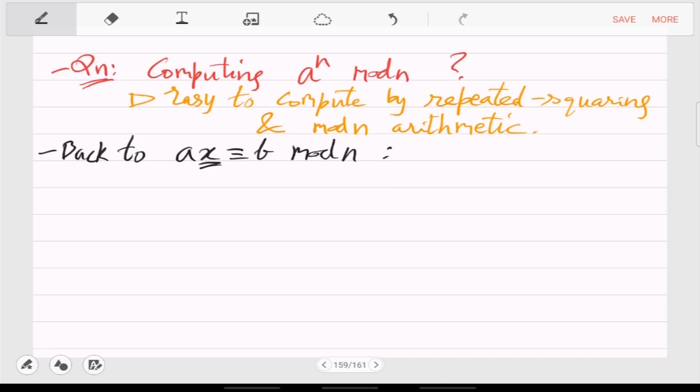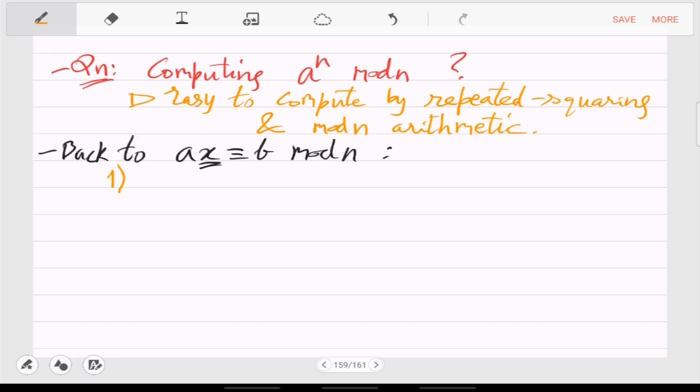Where you want to compute, where you want to find x. So here, what are the steps now in this algorithm? What will you do? So first you will check whether A inverse exists, right? Which boils down to what? Checking what? Doing Euclid GCD.